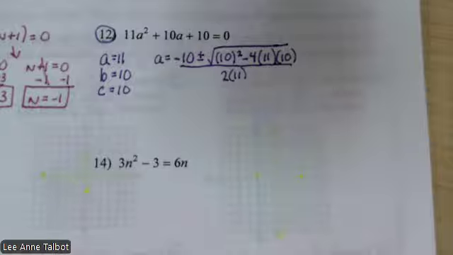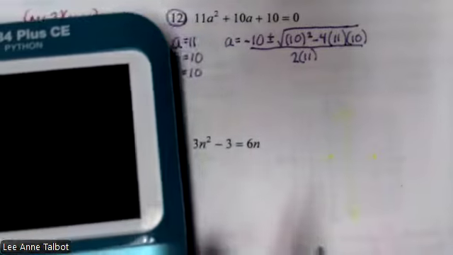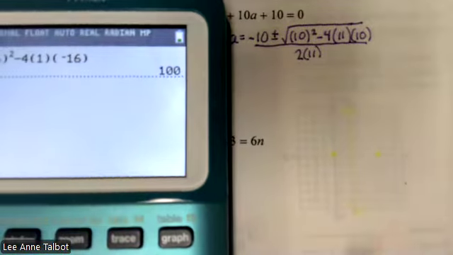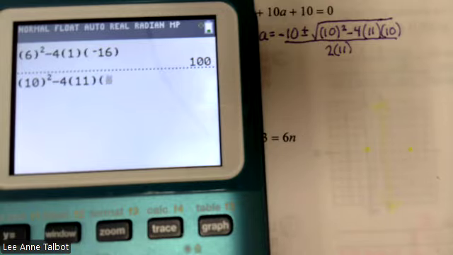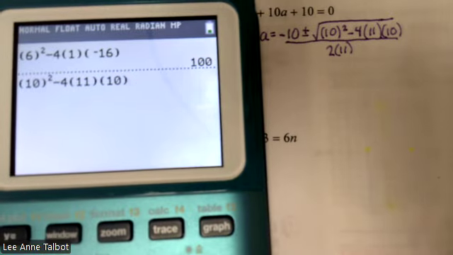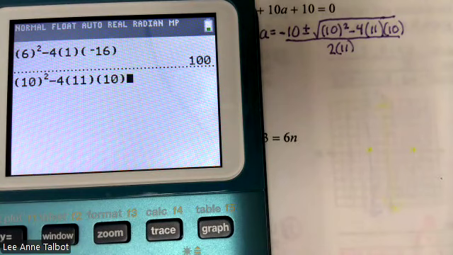Step 2, go to the graphing calculator and type this in with the parentheses. So just the way it looks. 10 squared minus 4 times 11 times 10. Just type it exactly the way it looks. You're going to get a very unfortunate answer.